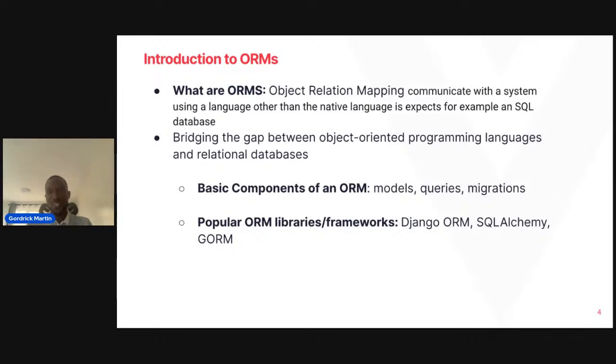If this is a note, you define it on a notes app. Then you have your queries. How do you select? For example, if you want to select a user's notes, you query notes where user ID is one, user ID is two. Then you have your migration.